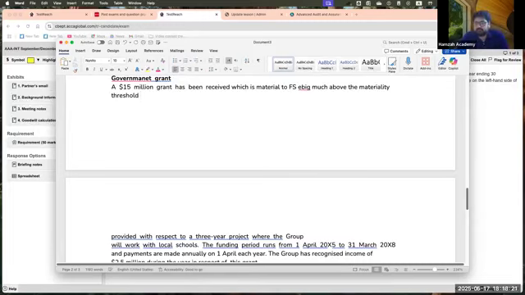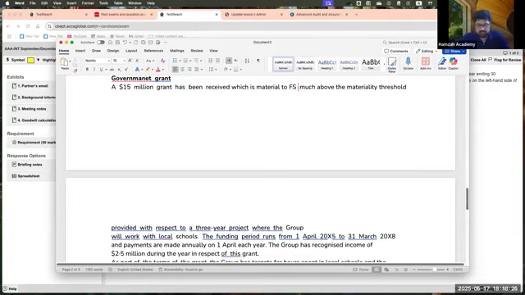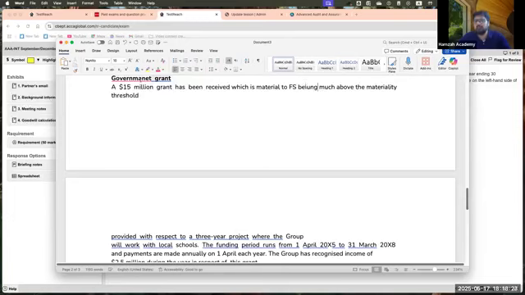Now, treatment: what IAS says. IAS 20 it is, by the way.